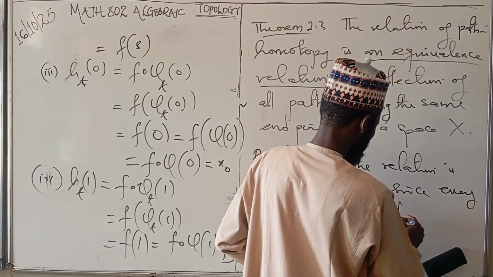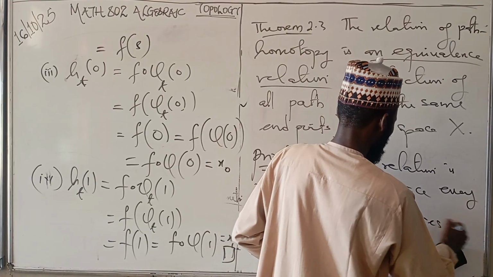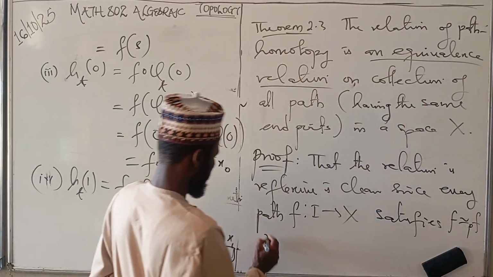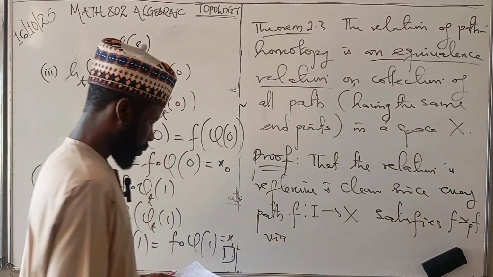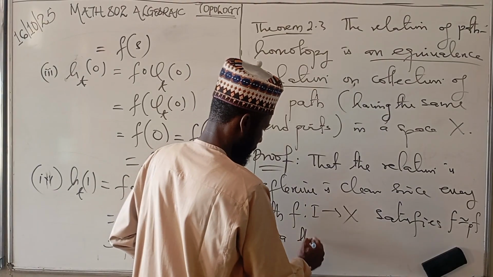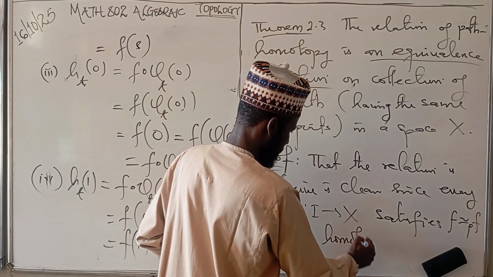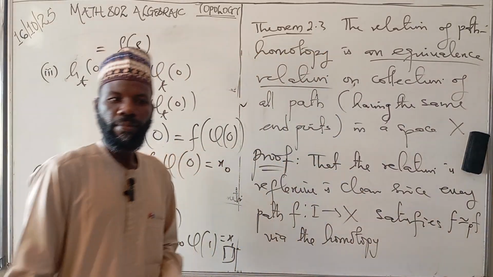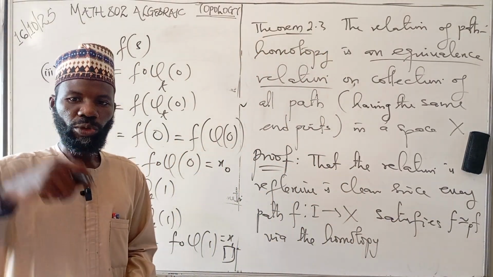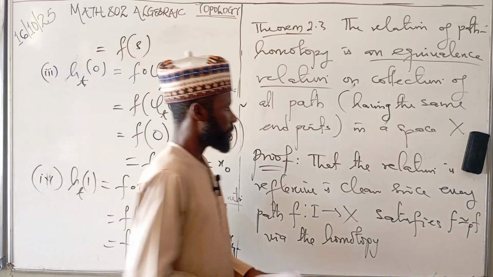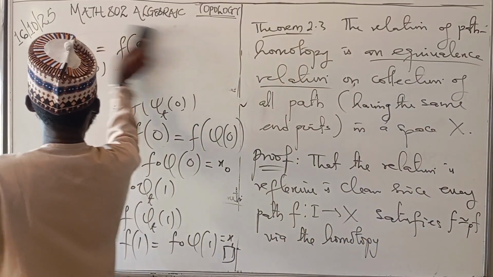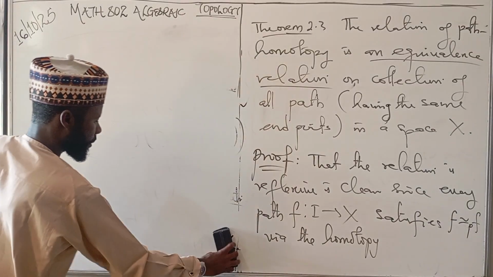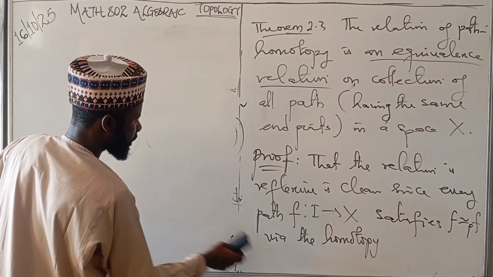F is homotopic to F via the homotopy. So which homotopy? How do you see that a path is homotopic to itself?